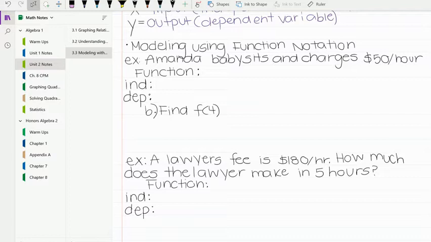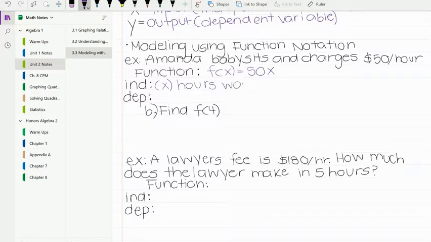If we were doing an equation, we would say y equals 50x, but for our function, we're going to do f of x equals 50x. Then we want to state what our independent and dependent variable represent. Remember, independent is your x. Since it's 50 times x, x represents the hours worked.